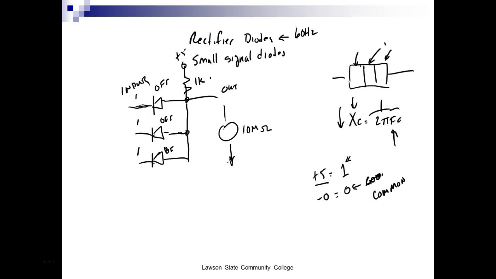I got nothing because it's 10 megohm. My 1K, if it's got no current, V is equal to I times R, so that's 0 times R. So how much voltage would it drop? 0 volts. So that means if I got 5 volts on this side, I'm going to have what on this side? 5 volts. So my output would be 5, or what we call a 1, right? Don't understand that.